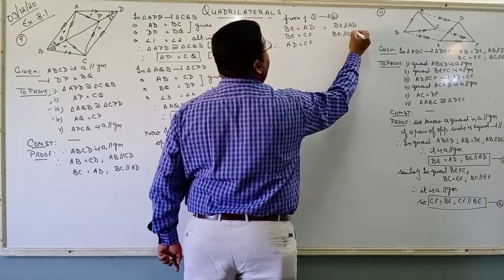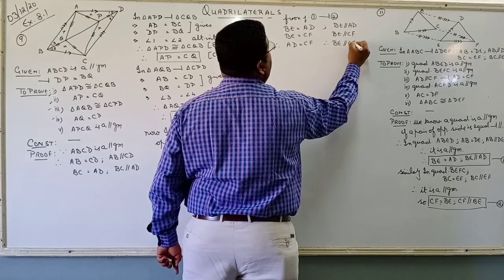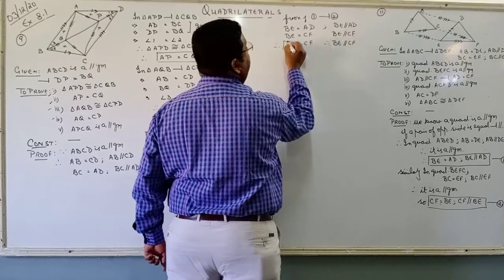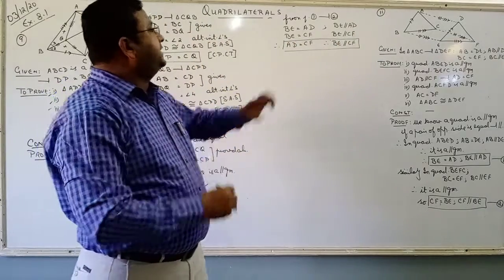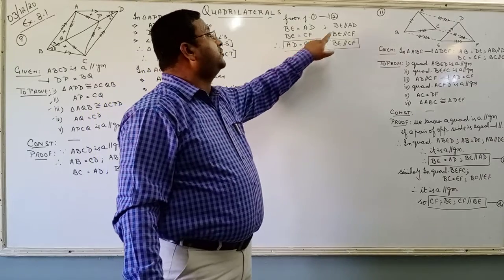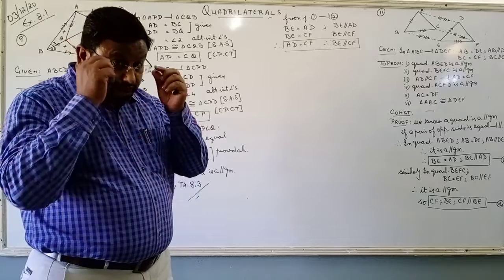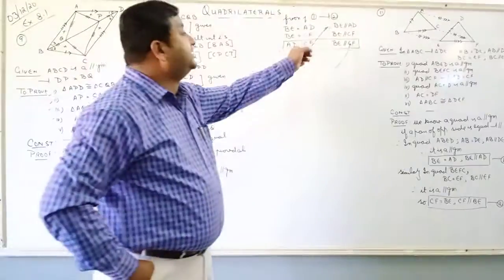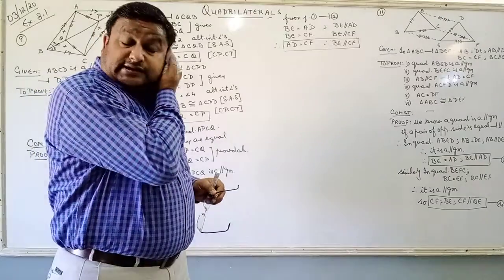So therefore AD is parallel to CF. Right? Any confusion? If two sides are equal, then the third side automatically becomes equal. Lines parallel to the same line are parallel to each other. Theorem number 6.6 of lines and angles. Isn't it? So these are the observations.